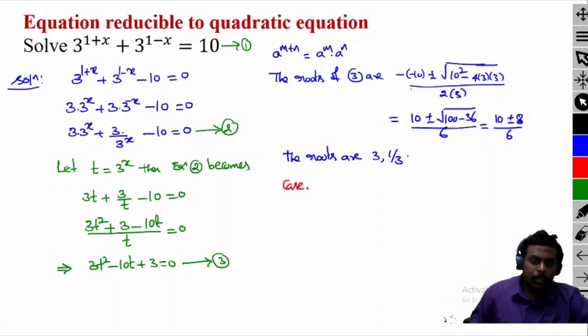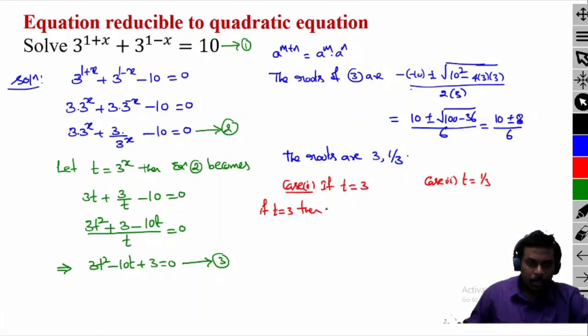The first case, if t value is going to be 3, and the second case is t value is going to be 1 by 3. So if t is equal to 3, then 3 power x is equal to t, that is equal to 3.